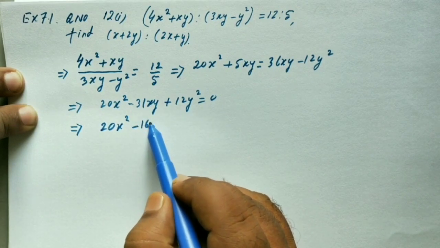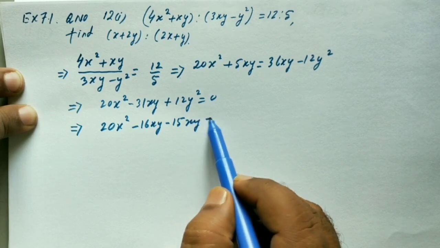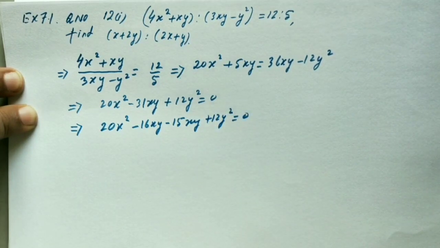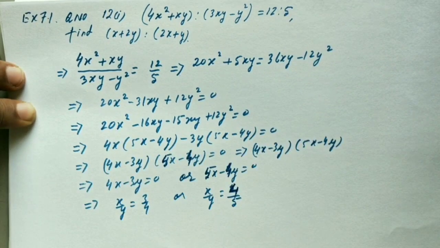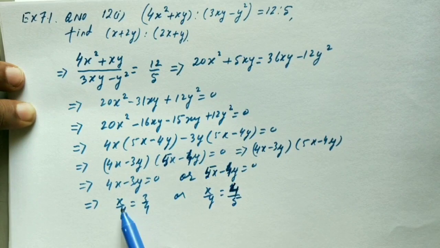Here minus 16xy minus 15xy plus 12y square is equal to 0. So after solving it by middle term break, we get x by y is 3 by 4 and x by y is 4 by 5.